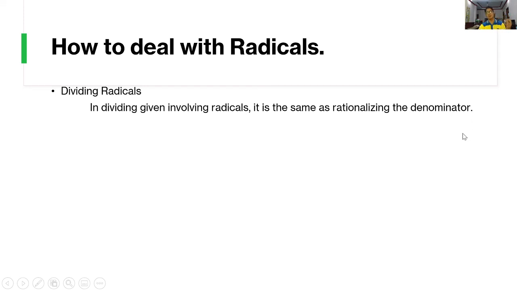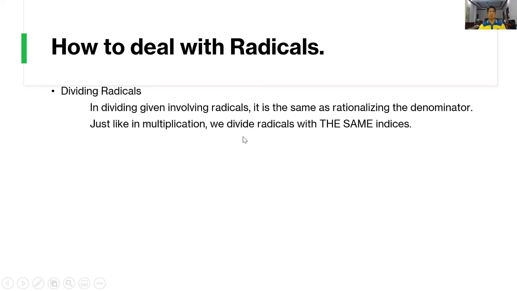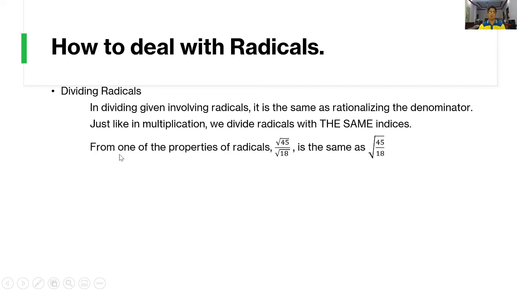Yung dalawang magkasunod na linggo na lecture natin, it's all about rationalizing the denominator. Now, just like in multiplication, we divide radicals with the same indices. Okay? From one of the properties of radicals, as long as parehas sila ng index, pwede nating pagsamahin sa loob lang ng isang radical sign.